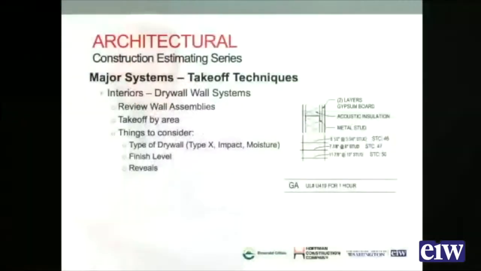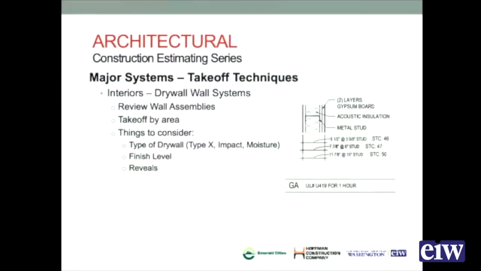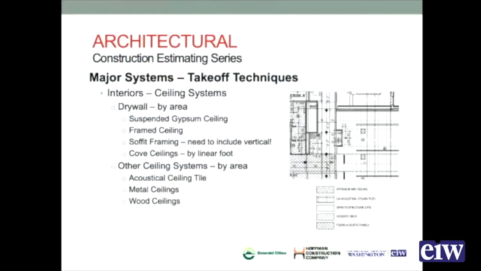Just need to understand what's involved in those details. Those will typically be shown on your interior elevations. And those kinds of details will slow the production substantially in masking and obviously another coat of paint, all that.